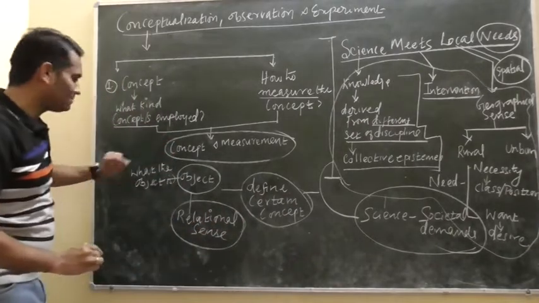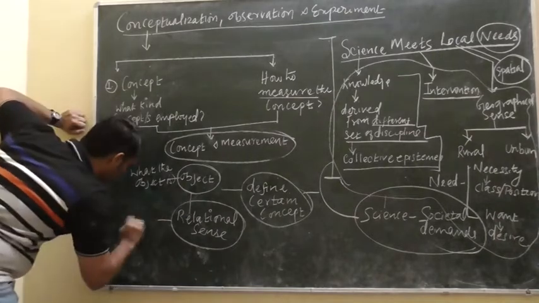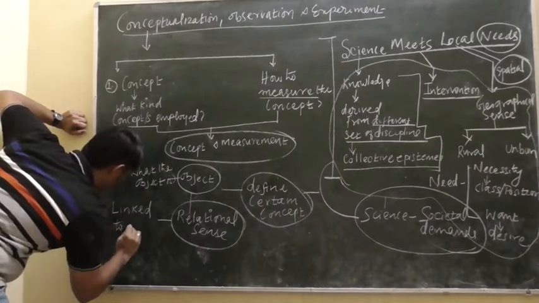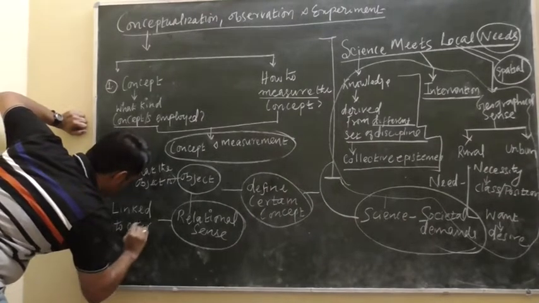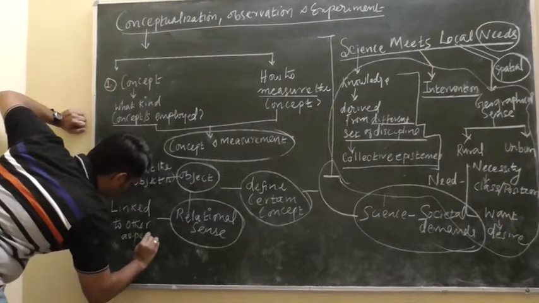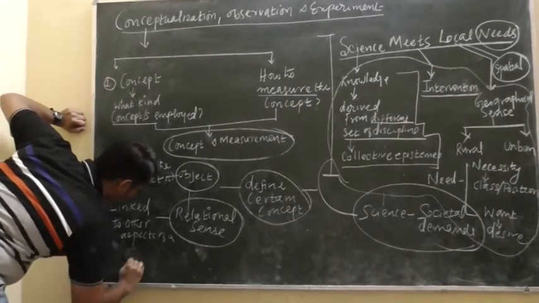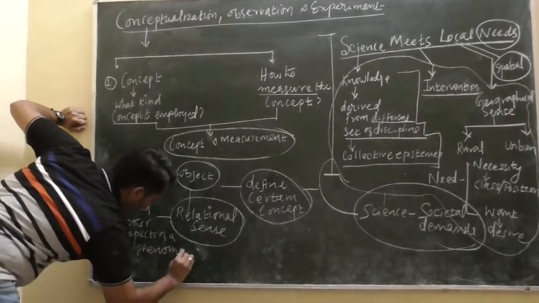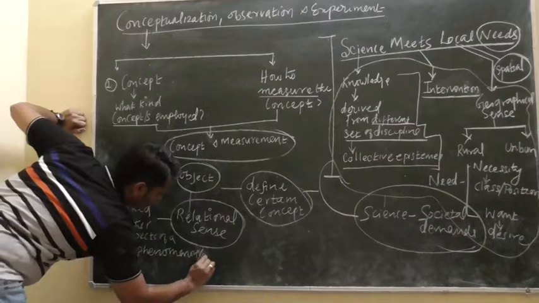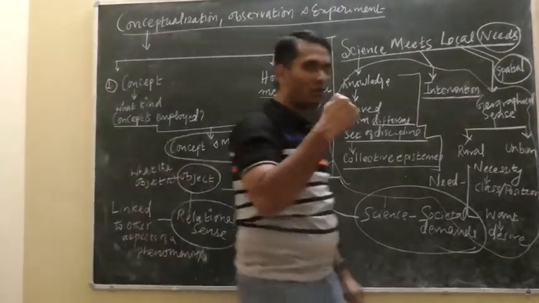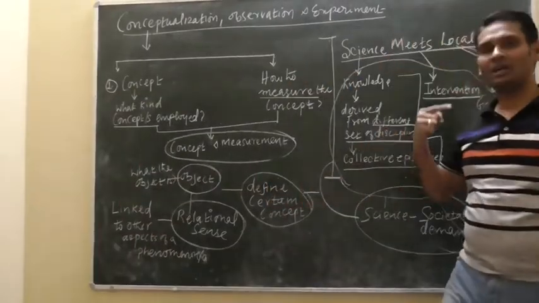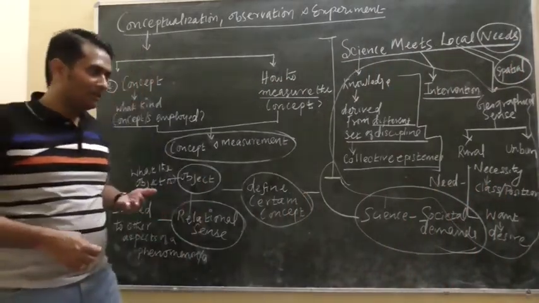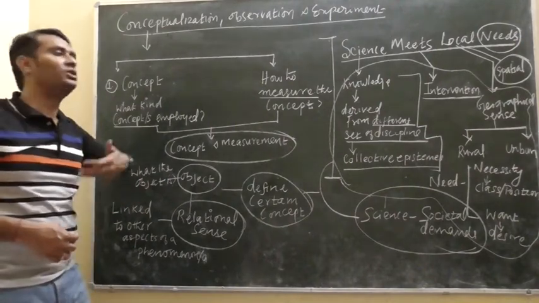That means how this particular object is linked to other aspects of a phenomenon or phenomena. Okay, so you have to always think about a concept in relation to the other concepts, so that the meaning of a theory would evolve.